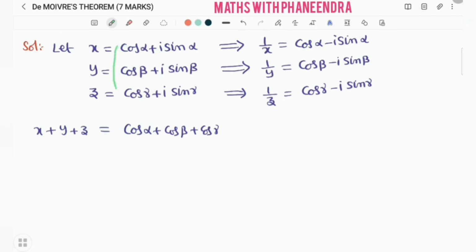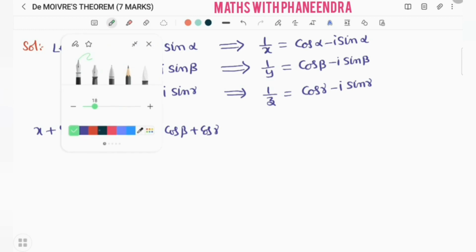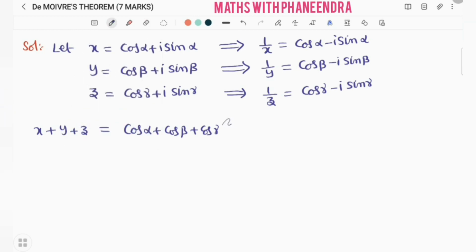Now add these values. After that I take i common and add these values. Just for showing I am writing, plus i into sin alpha plus sin beta plus sin gamma.